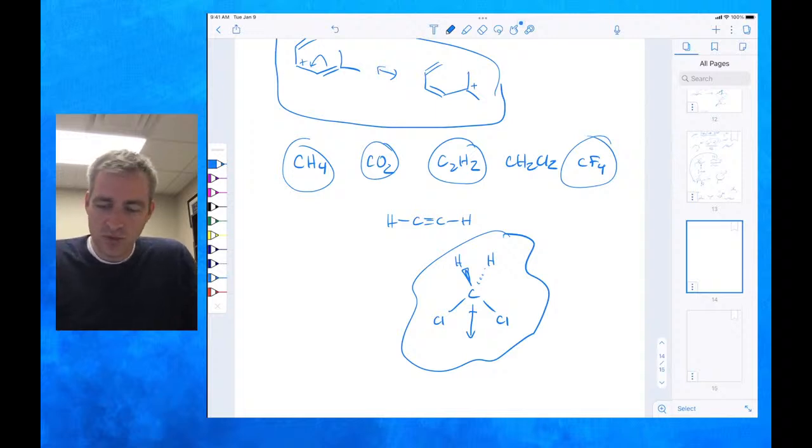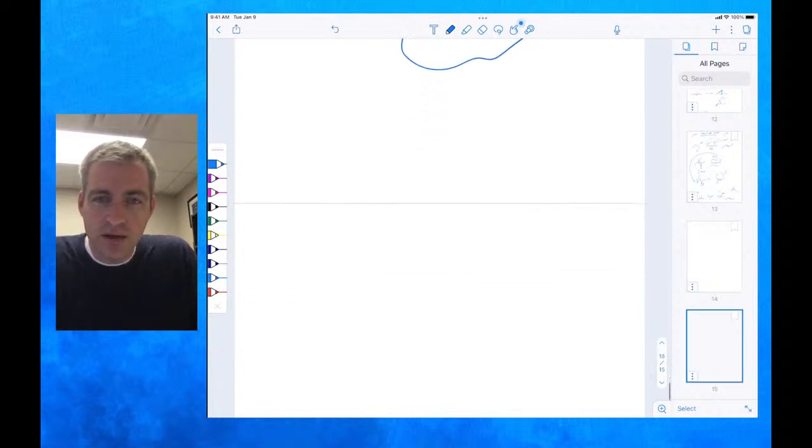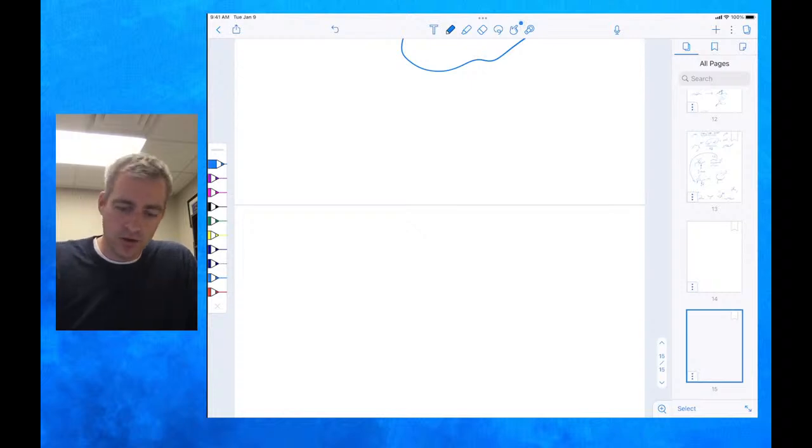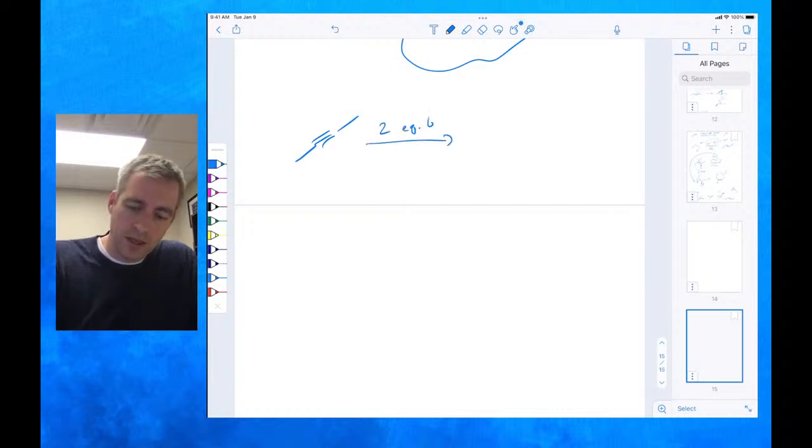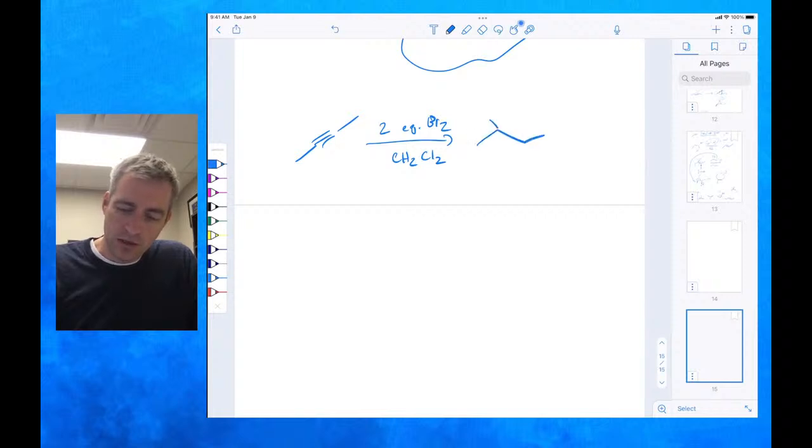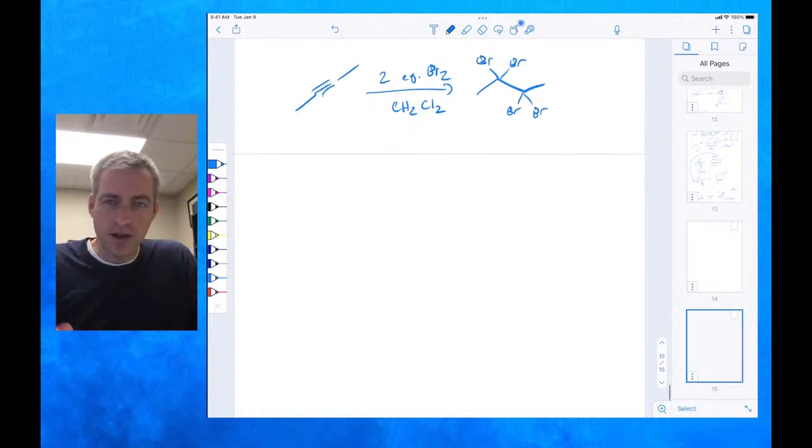I think we got one last one in this set. And this last one is saying which of the following reactions would yield an achiral molecule. This, two equivalents of Br2 in dichloromethane, Cl2, and this makes that, and that's achiral, no chiral centers there.